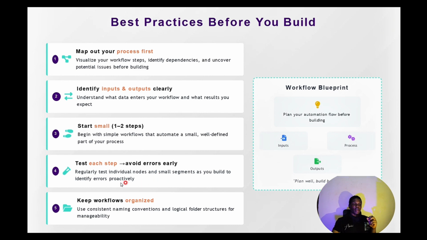The fourth one is test each step to avoid errors early. Regularly test individual nodes and small segments as you build to identify errors proactively.